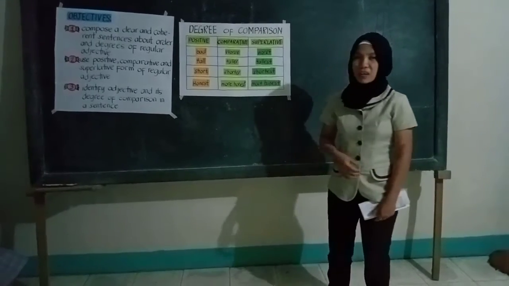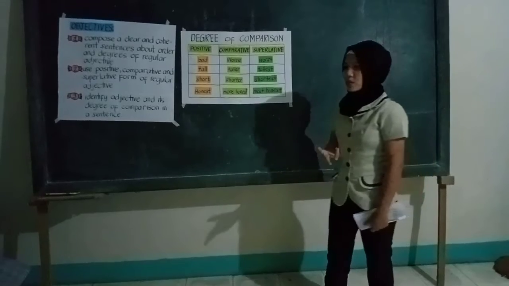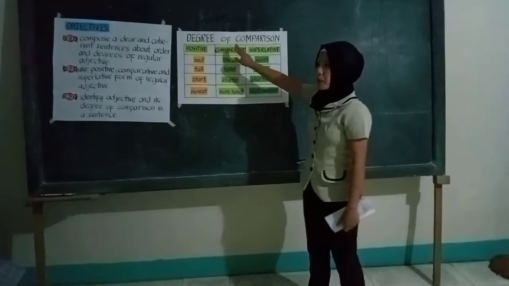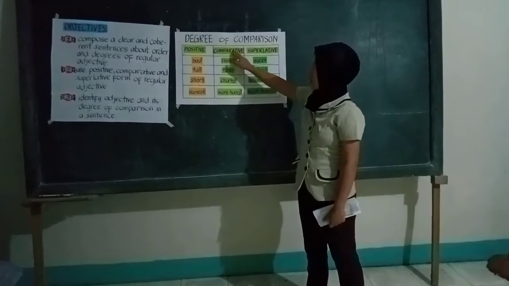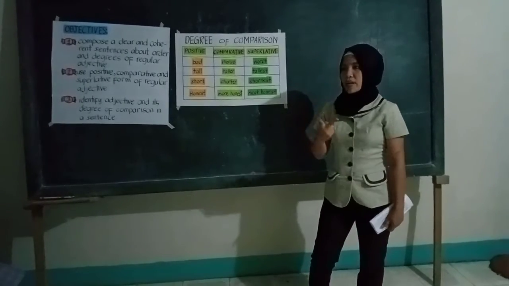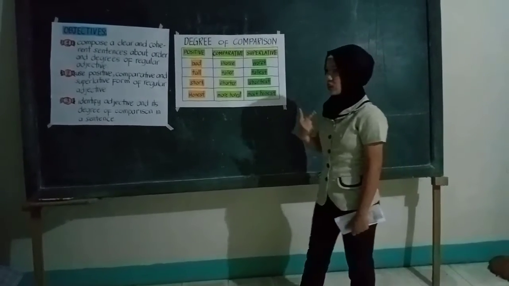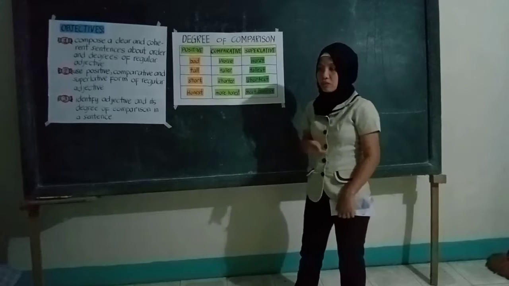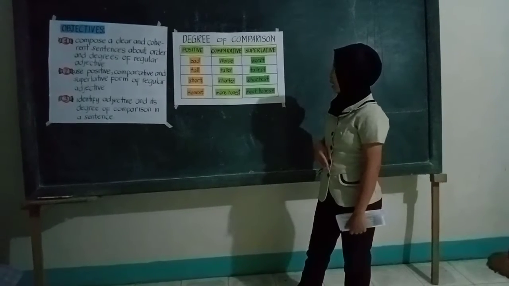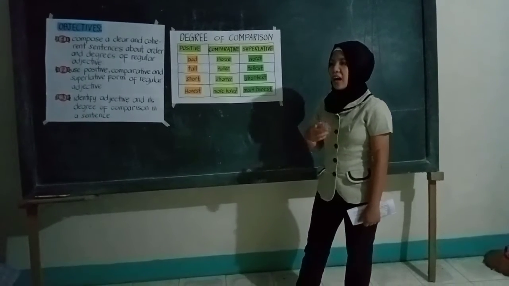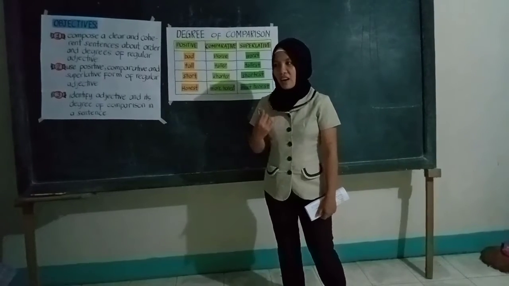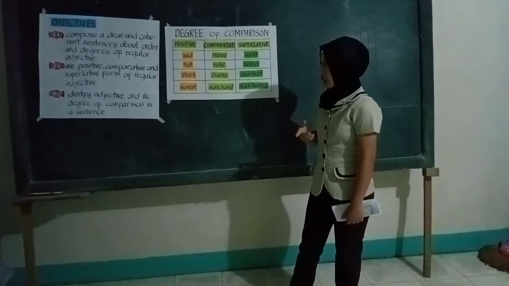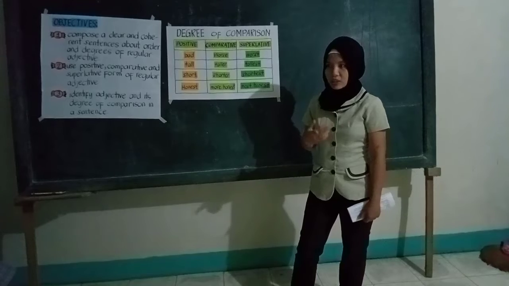When we compare two things or persons, we use the comparative degree of comparison. So there are two ways to change a word into the comparative degree. First, you add ER at the end of the word.